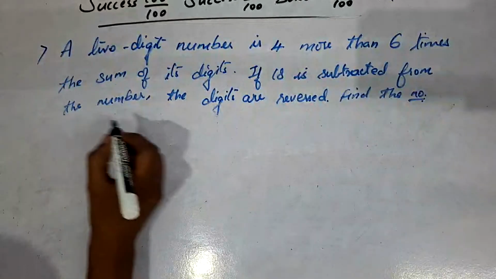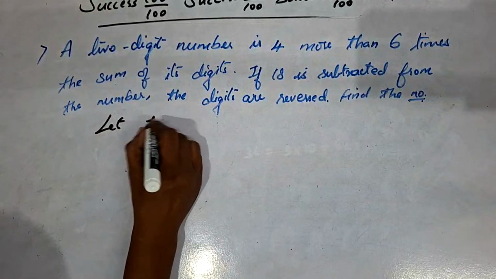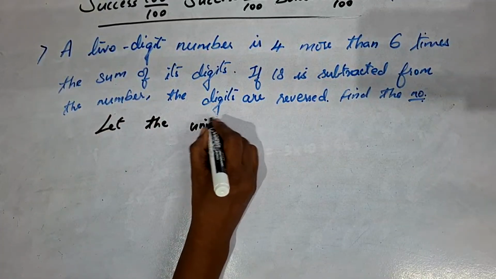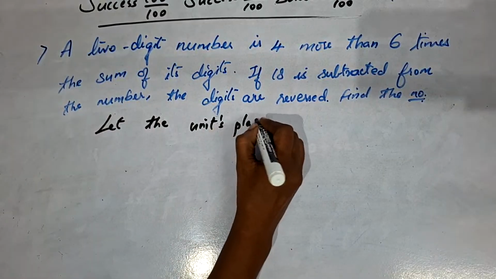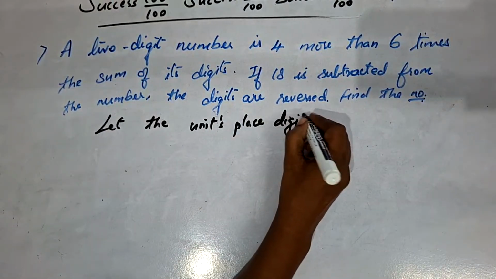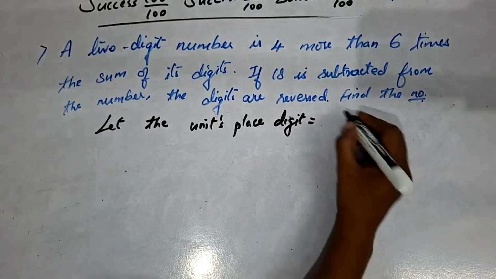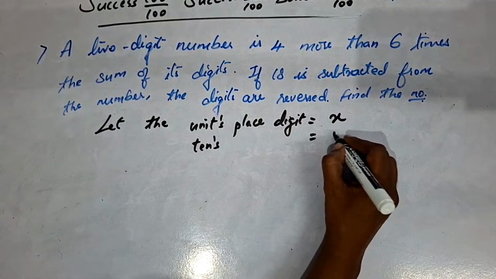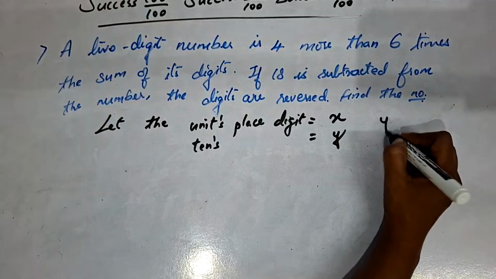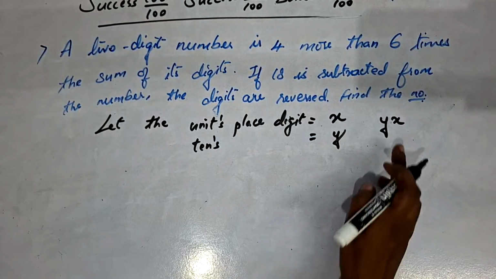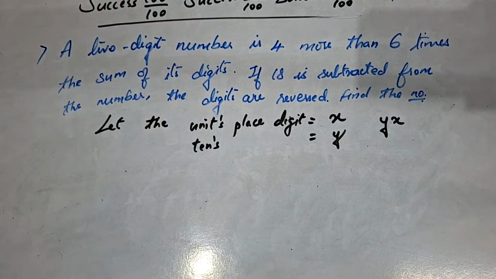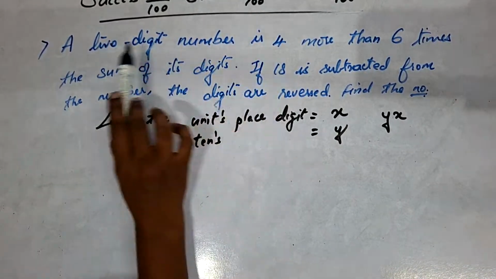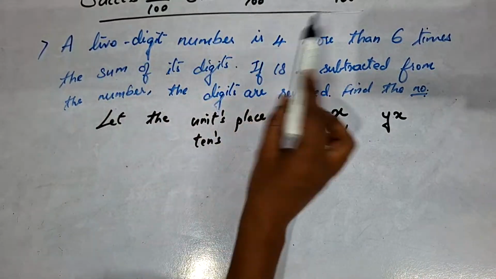Let the units place digit be x, and the tens place digit be y. Therefore, the number will be yx. This is the number. You have to find the value of y and x. See, the two-digit number is 4 more than.